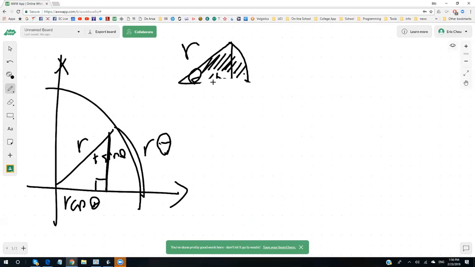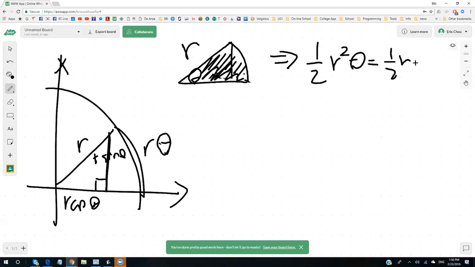This is r. The area is 1/2 r squared theta, equals 1/2 r times r theta, right? It is also the ratio theta over 2 pi times pi r squared. That's one way to look at it.